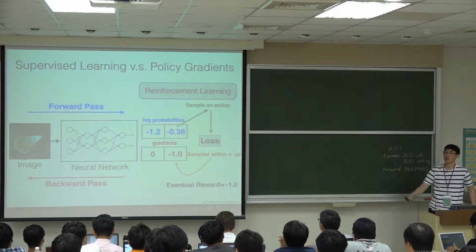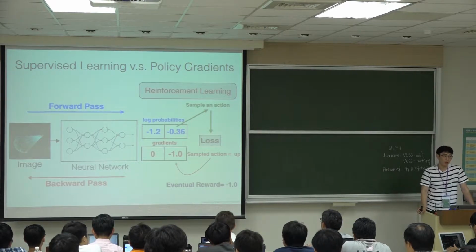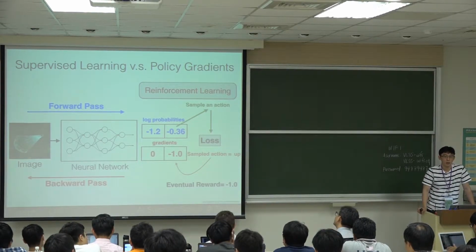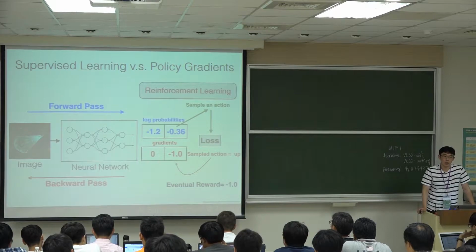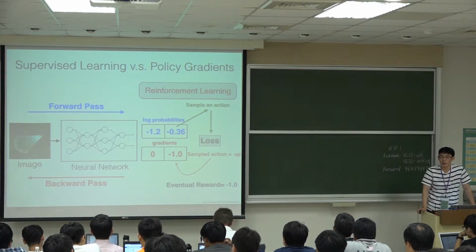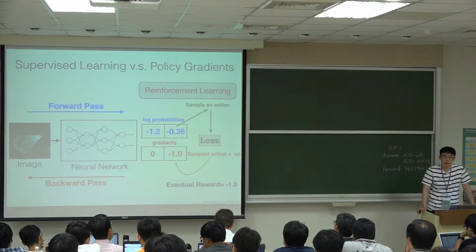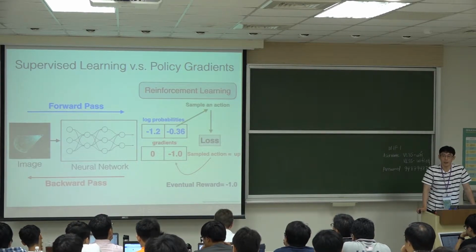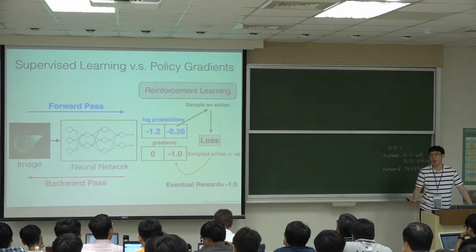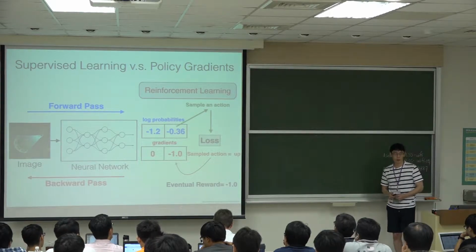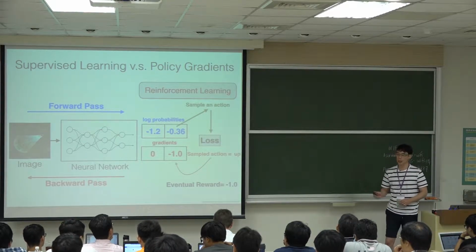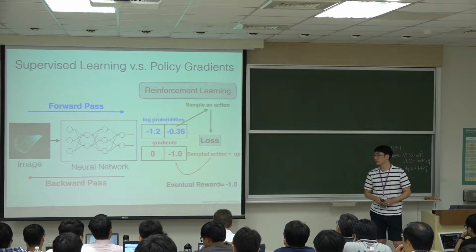You get some reward based on the current estimation of the policy, and then you compute the gradient, update the parameters, and reiterate over and over. And that's all it is. The tricky part is how to compute a gradient based on reward. And we will talk about it a little bit more now.